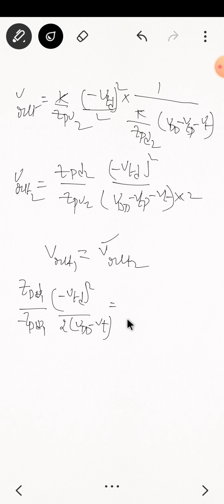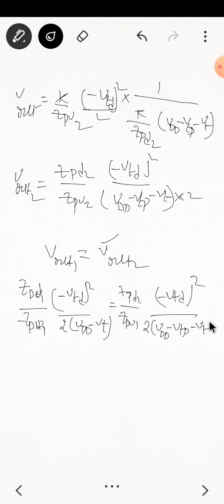It is equal to the above equation: ZPD2 by ZPU2 into minus VTD whole square upon 2 into VDD minus VTP minus VT. These two get cancelled. This one gets cancelled.